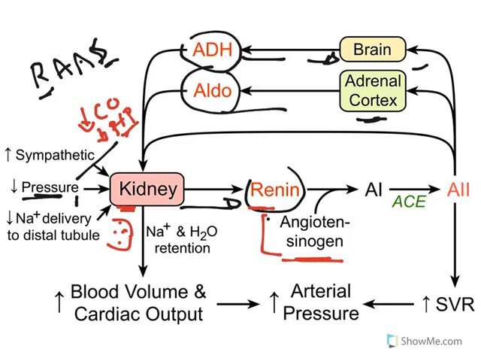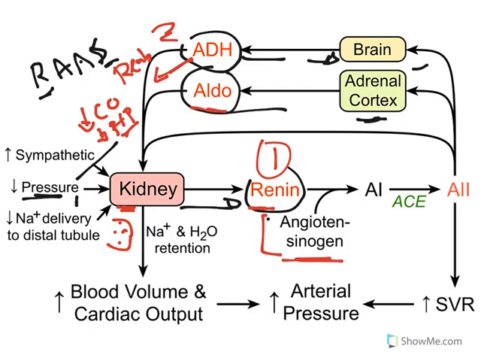This is one control. The second is ADH, an antidiuretic hormone, so it will prevent urine secretion and cause reabsorption of fluid. Aldosterone will work together with ADH.